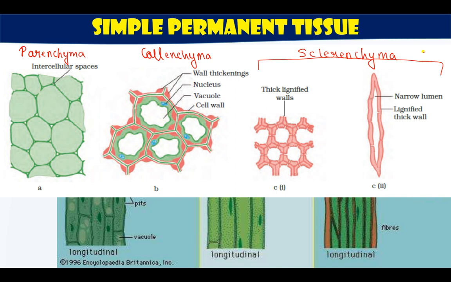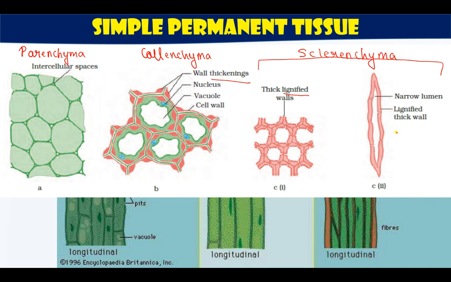Fine. Now you can see the cell walls are thin and there are some intercellular spaces. You can see there are thick cell walls, right? And the intercellular space is almost not there, and there are thick cell walls. Yet more thick cell walls, but they are lignified. There is a substance known as lignin present in the cell wall. These are living, and these are dead. Right?